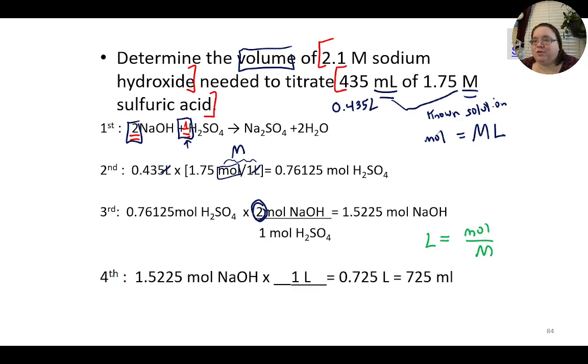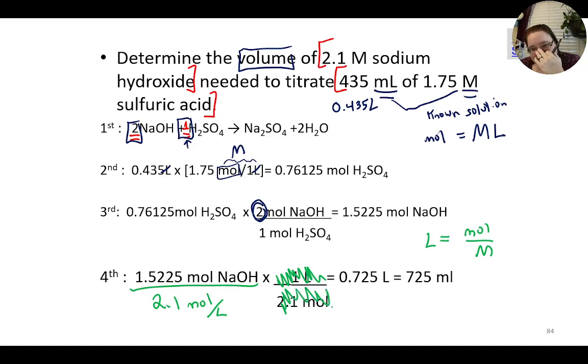So we're going to put it back the way I would normally do it: 2.1 moles per liter. So that big M I just replaced with its other unit.